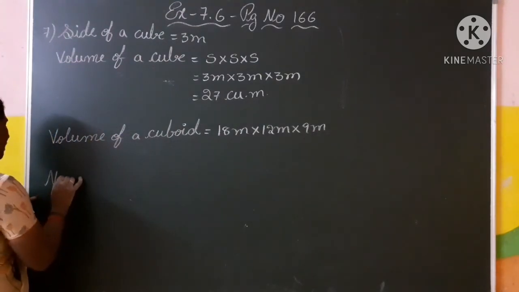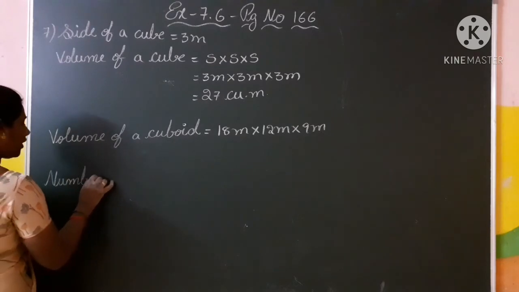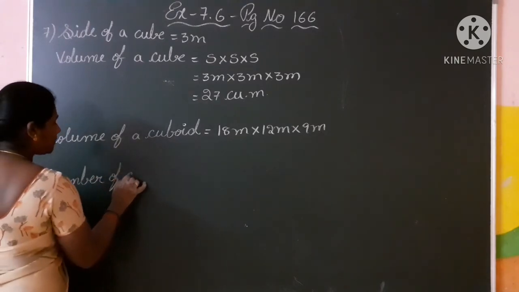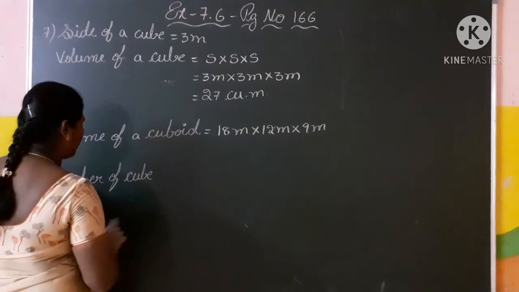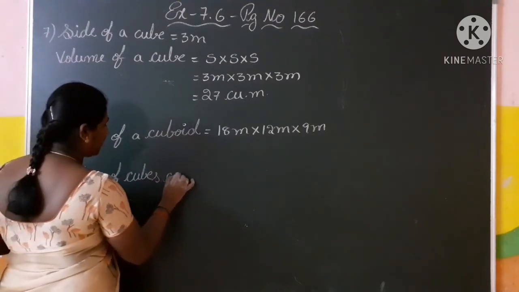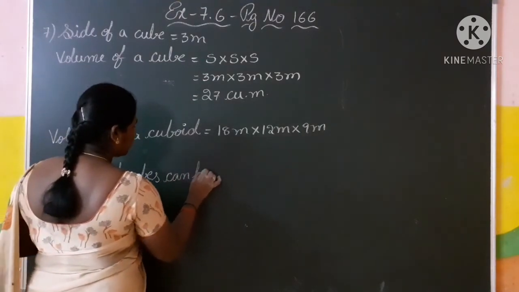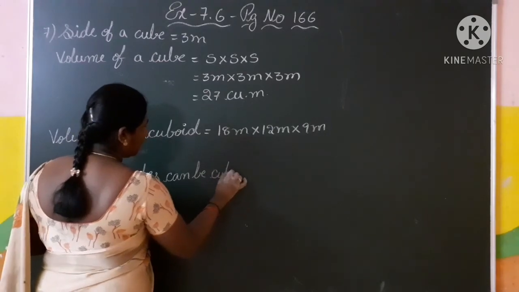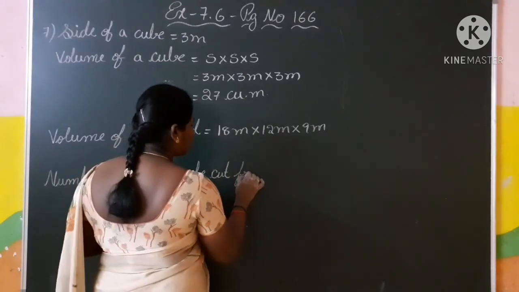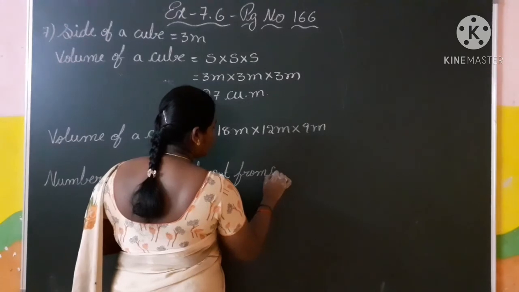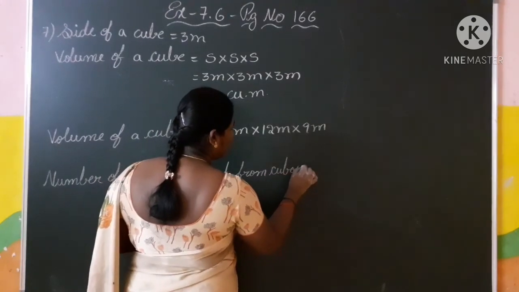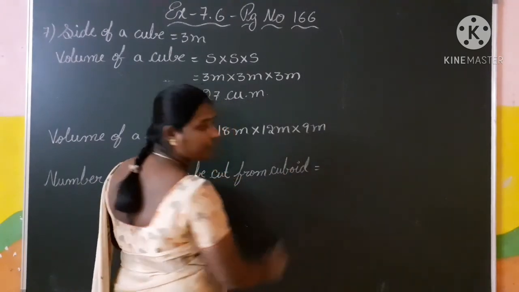The number of cubes that can be cut from the cuboid: we have to find the volume of the cuboid divided by the volume of the cube.